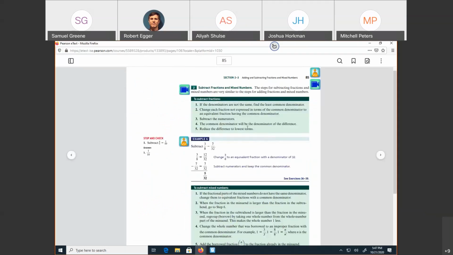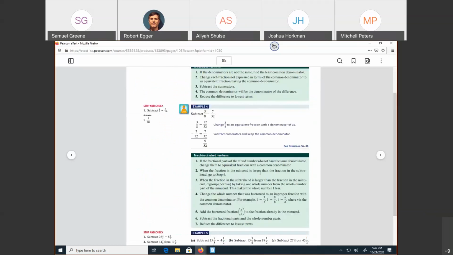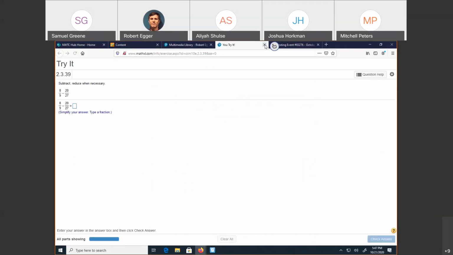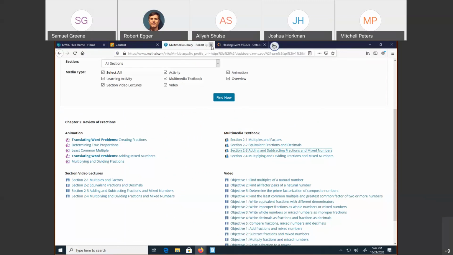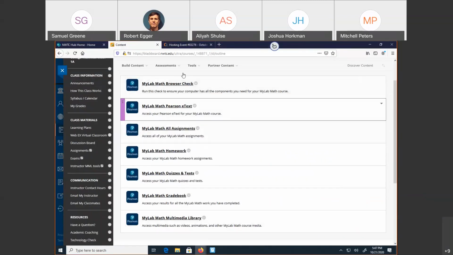So just looking at the textbook, if you have the hard copy, if you go on the online ebook, you get some extra resources. There's a lot of good stuff in here. You may want to take some time and just explore it.